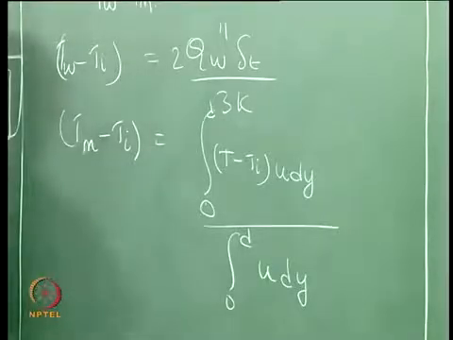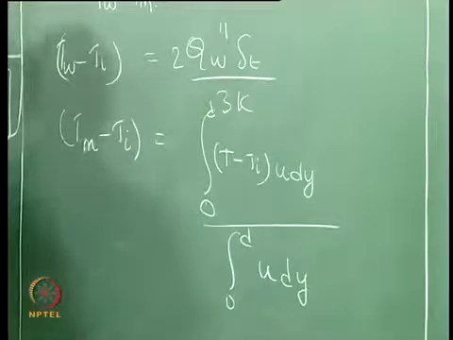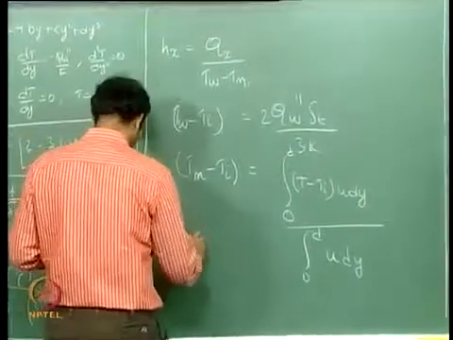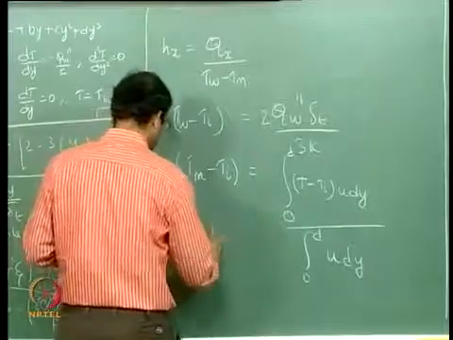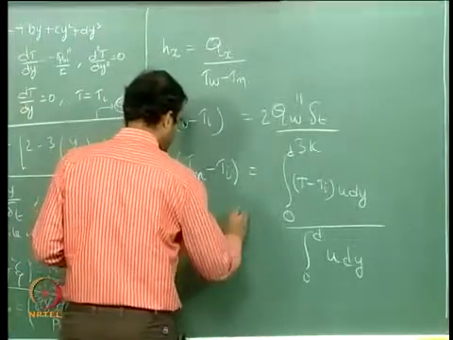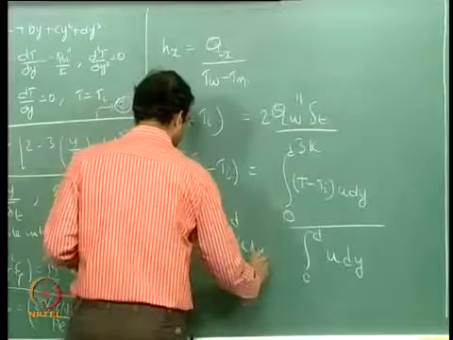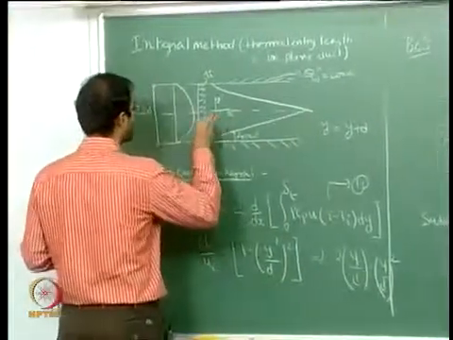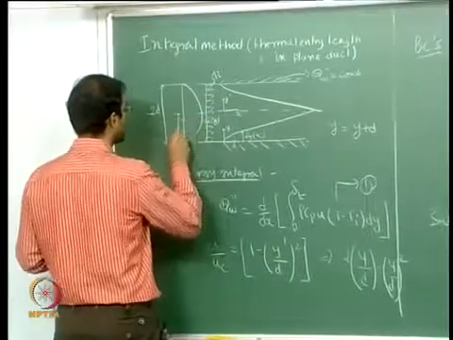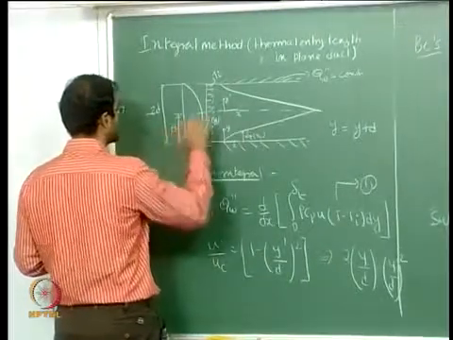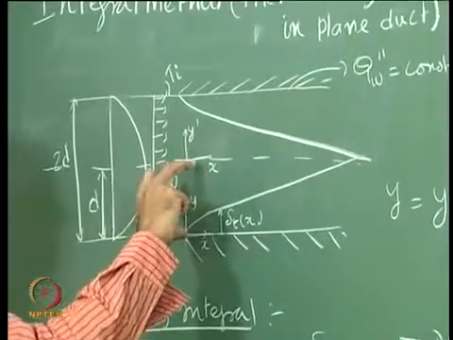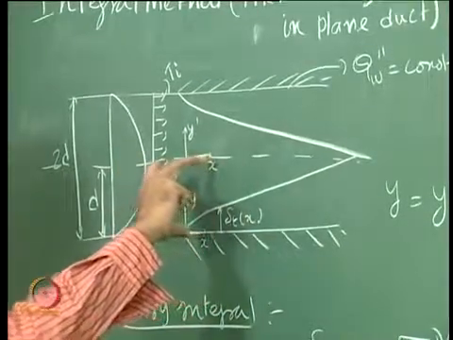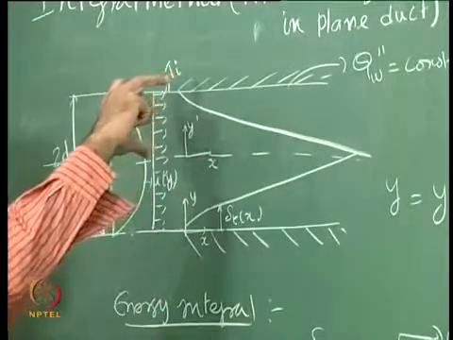So we know that I can calculate my mean velocity based on 1 by d integral 0 to d u dy. So I can define a mean velocity from 0 till d, because the boundary layer growth at the bottom plate is affected by the velocity profile from 0 to d, and for the top profile it is exactly symmetric.